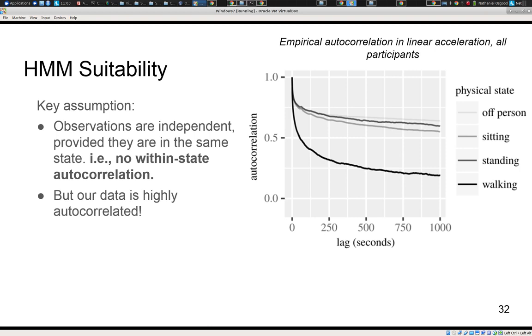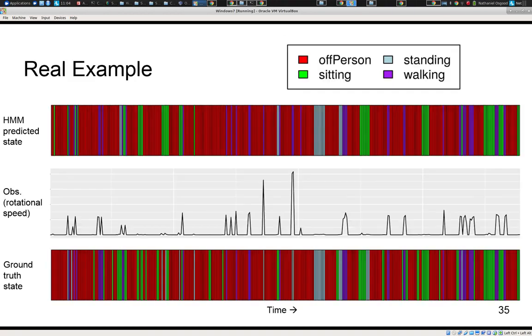And so what nominally was, say, a sitting period had lots of autocorrelation because within it, there were actually periods where they were off person or walking and they didn't record it. So there'd be these long periods that are very similar to one another, and it was a problem associated with them forgetting to indicate it was a different state. Okay.